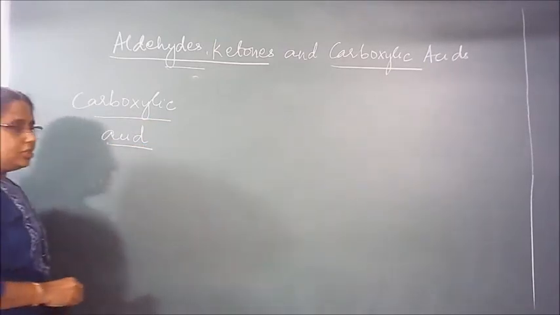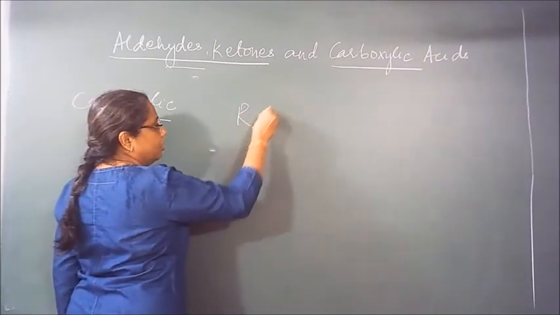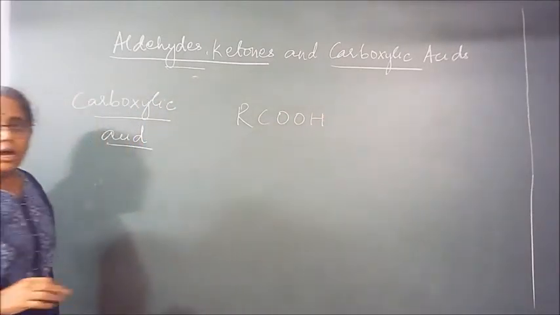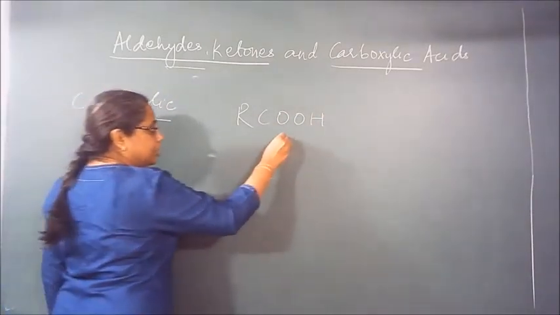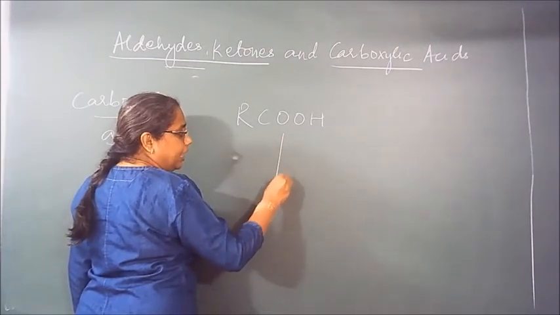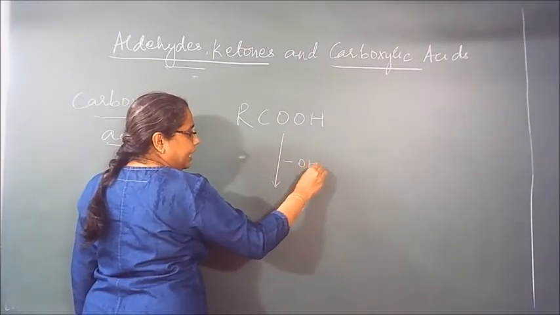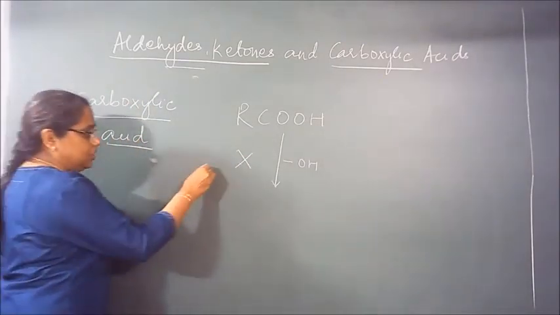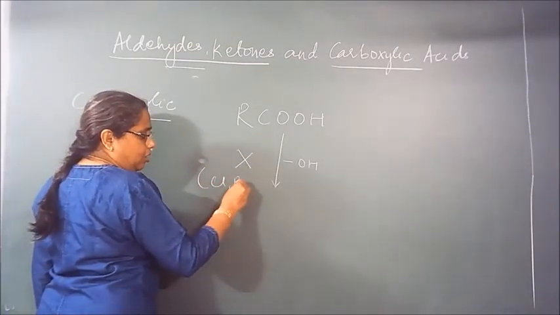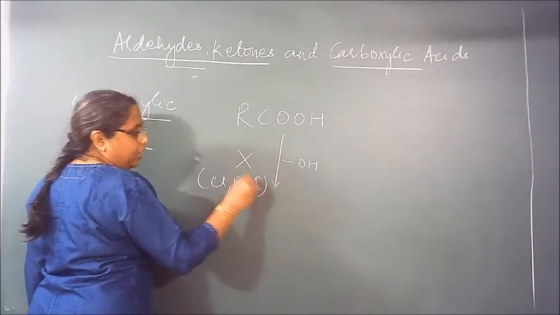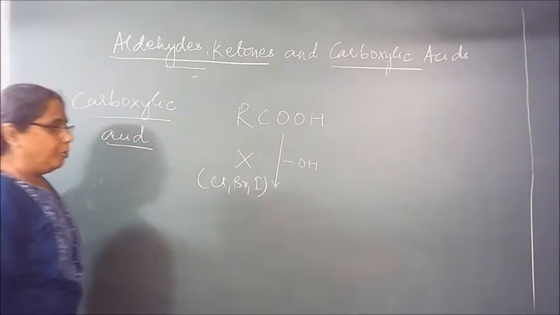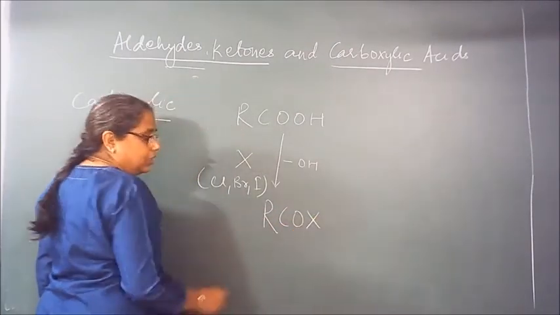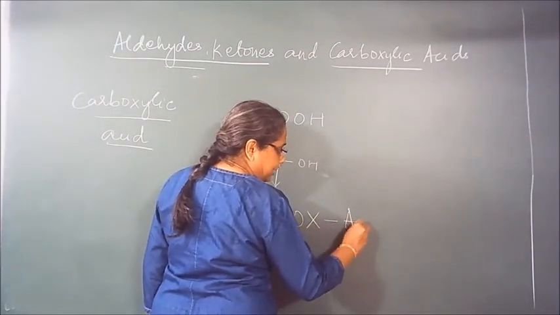When I say carboxylic acid, it is written as RCOOH. For the first acid derivative, I remove the OH and add X. This X can be Cl, Br or I. So the compound now becomes RCOX. This is called an acid halide.